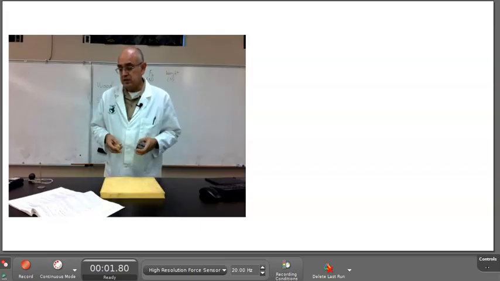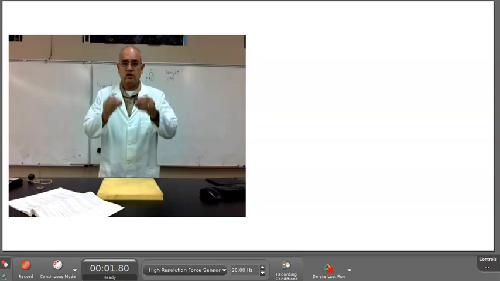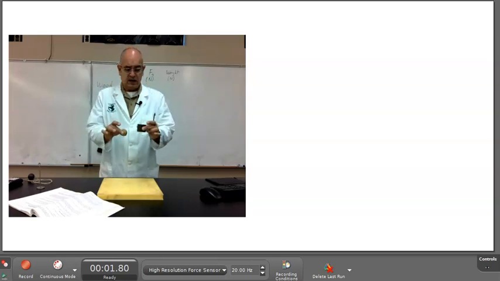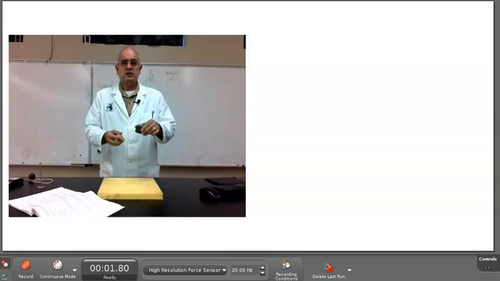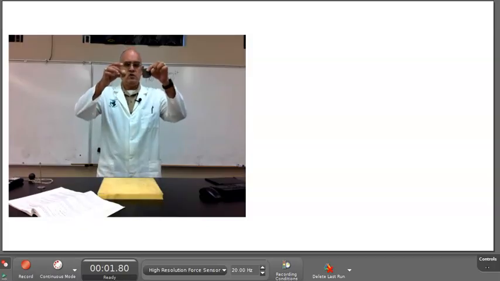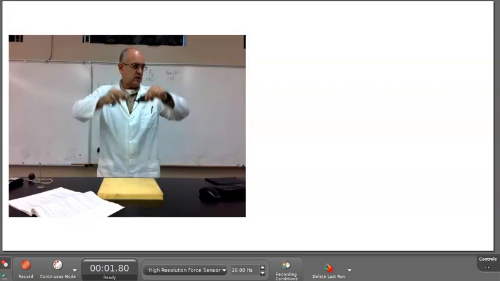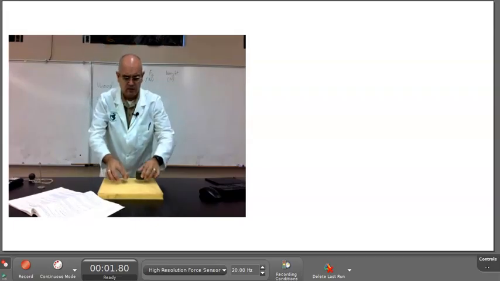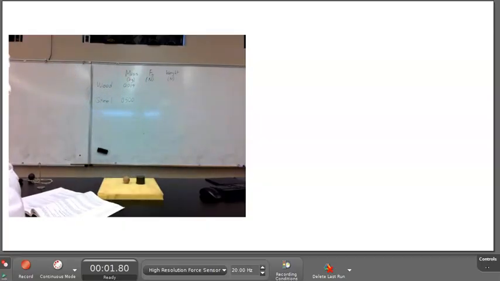Step number 1 is to release the two objects from the same height at the same time and observe what happens when they hit the ground. So I'll start off at about this height and let it go. Well, that's not a surprise. But what if I raise higher up, say about shoulder length? Still hits the same time. Now let's go way up here. Let me adjust the camera a little bit so we can actually see.